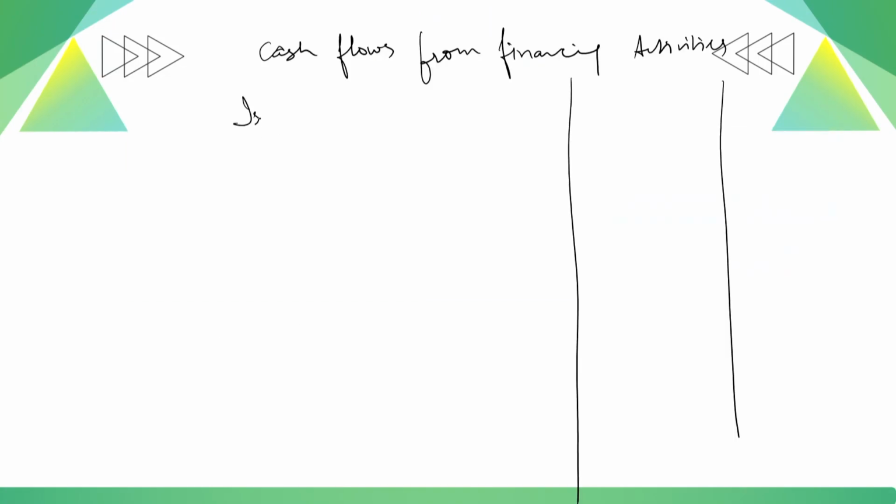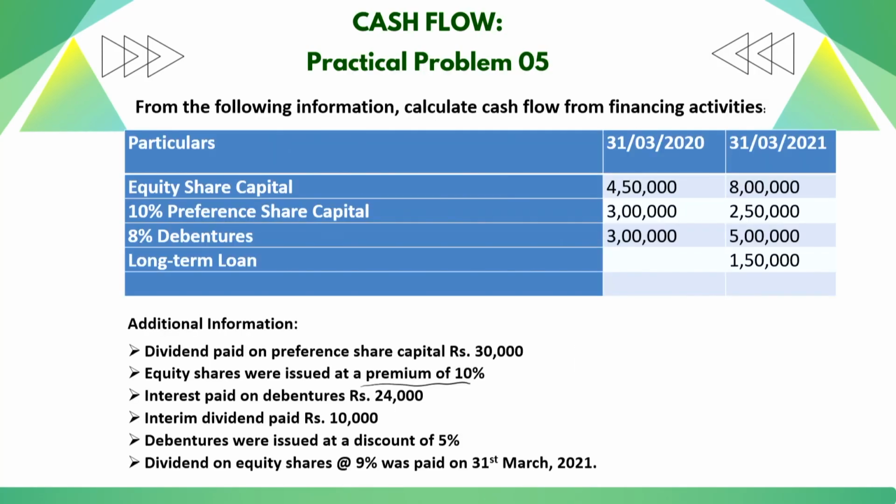We put issue of equity 3,50,000 plus 10% premium. So, it comes to the figure of 3,85,000. Next is debentures is also showing an increase of rupees 2 lakh, but debentures were issued at a discount of 5%.